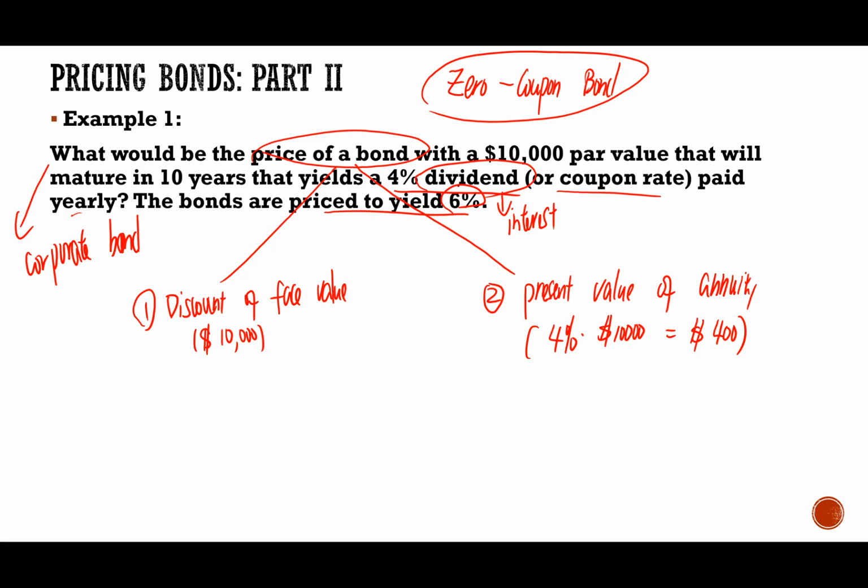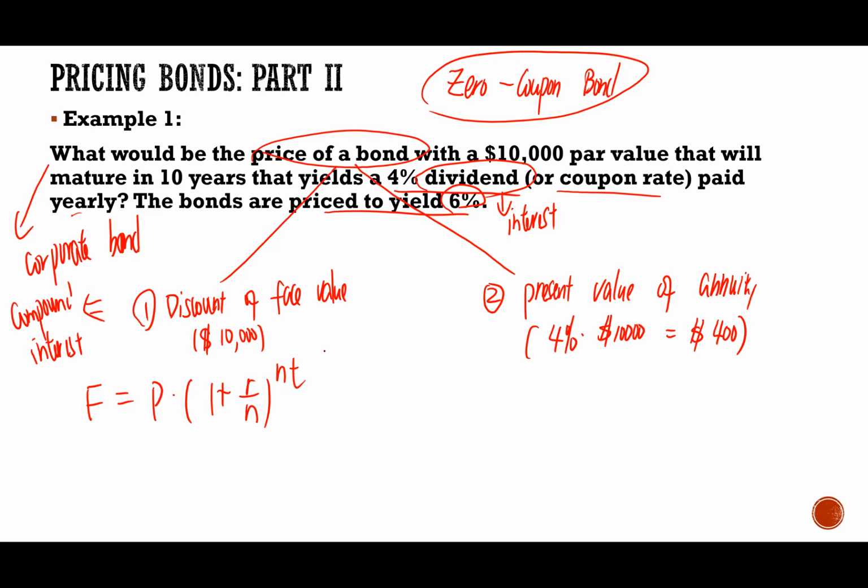In terms of discounting the face value, we're using the compound interest formula: future value equals present value times 1 plus R over N, to the NT. This $10,000 is compounding on a yearly basis.